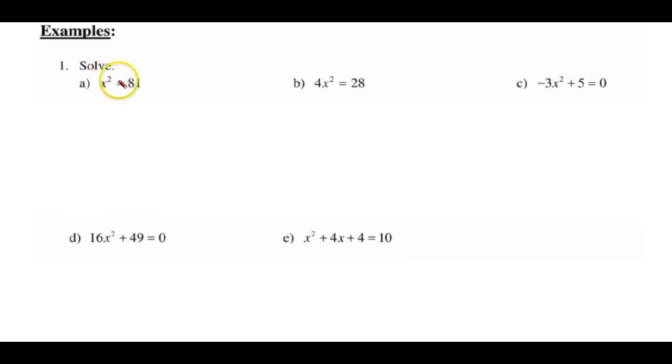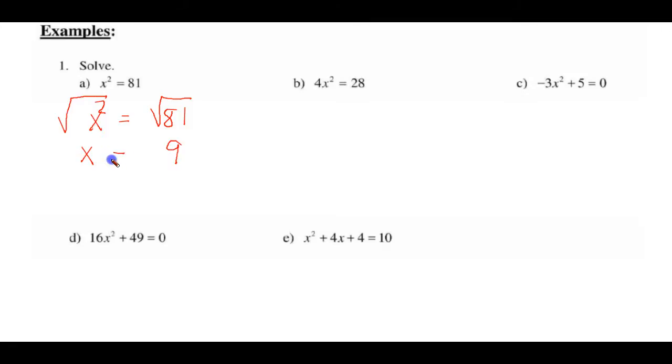Now that we've worked with radicals a little bit, if we have x squared equals 81, the way it's shown here, if I take the square root of this side, that would give me x. Now if I take the square root of this side, that would give me a 9.